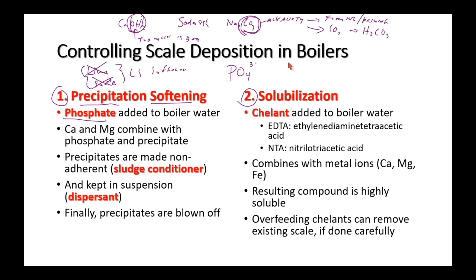So we can have a few different types of phosphates that we add. We can have monosodium phosphate. We can have disodium phosphate. And we can have trisodium phosphate.